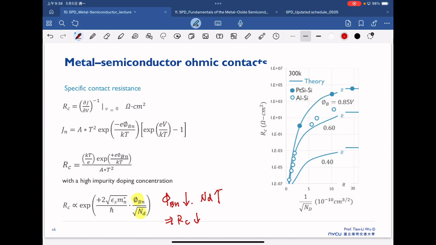From the theory point of view, we already mentioned in the previous lecture how the barrier height could influence our carrier transport. In the last slide, we also mentioned how the doping concentration will influence our contact resistance. Now we also have this analytical equation to show that our contact resistance is directly correlated with our barrier height and doping concentration as well.